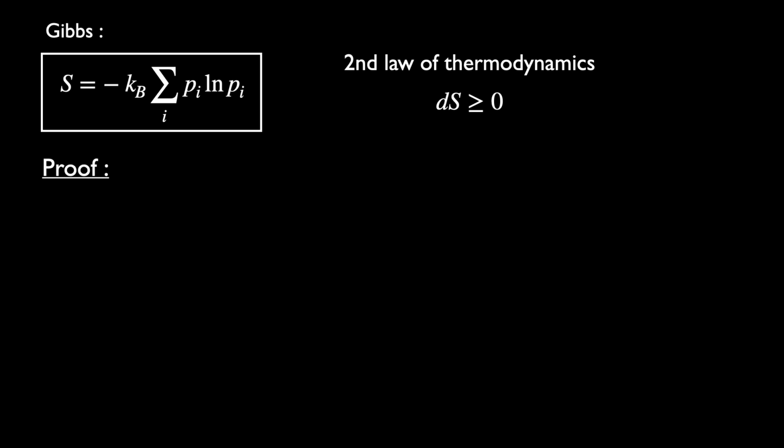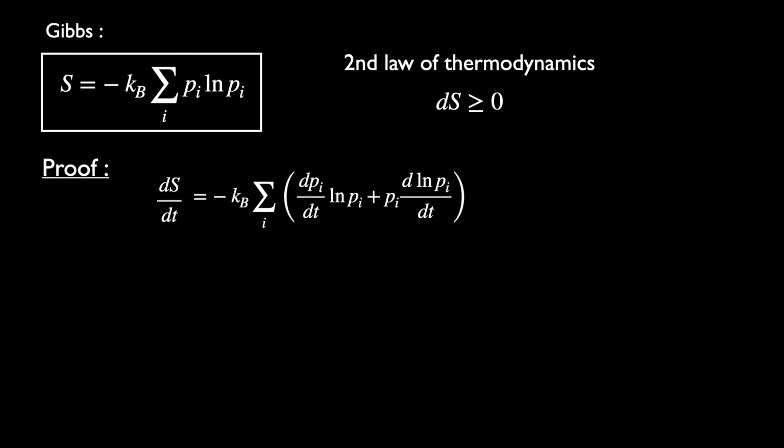We now prove the second law of thermodynamics, which is the statement that entropy will always increase with time until thermal equilibrium is reached. The Gibbs entropy depends on time through the probability distribution, so its time derivative is equal to the following, where we are just applying the product rule.